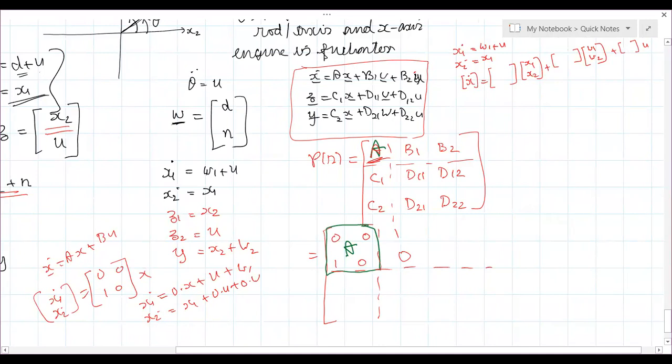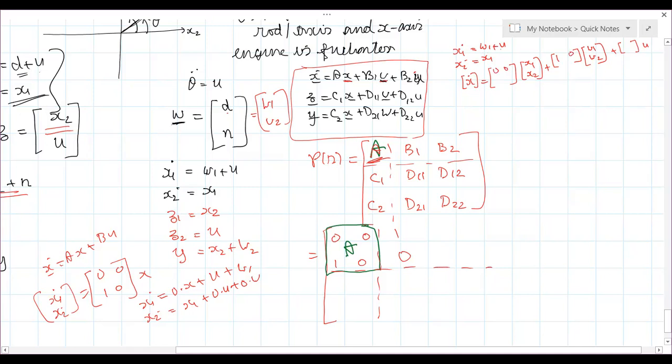See, x is a vector. Okay. W is a vector. You can see our W has two components. So W is a vector, obviously. Is it not? This is my W1. This is W2. Okay. So now we try to figure out these matrices. So x1 dot, there are no x terms, right? For W1 there is 1. Okay. And for W2 there is no term.